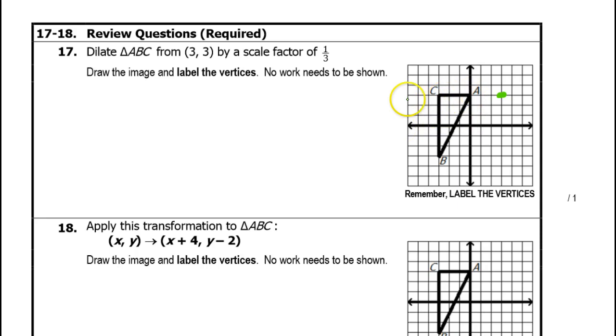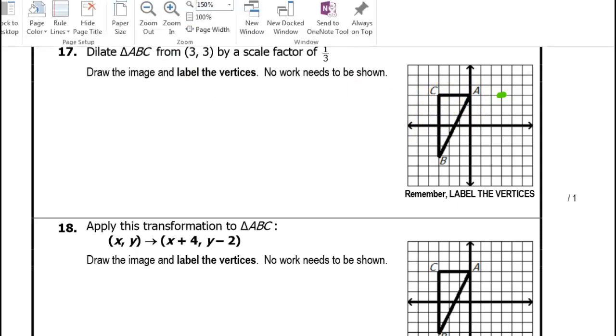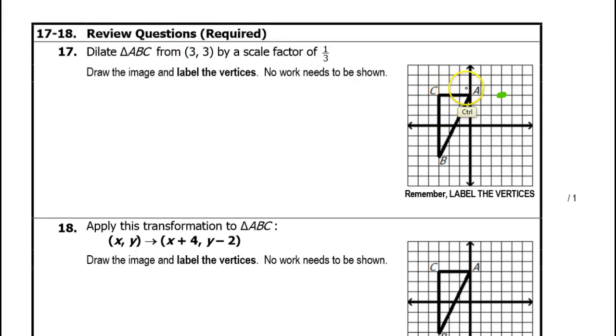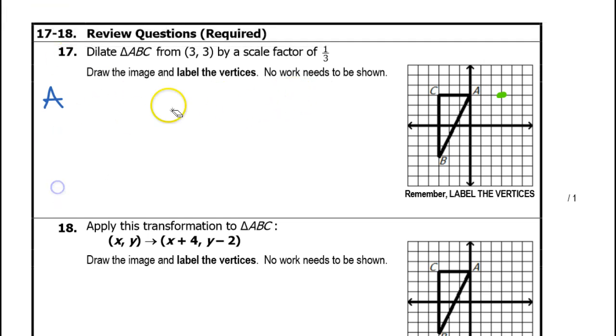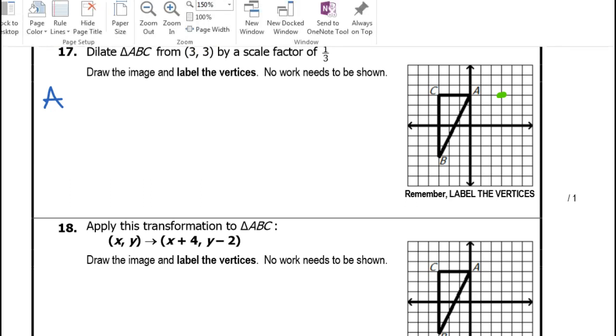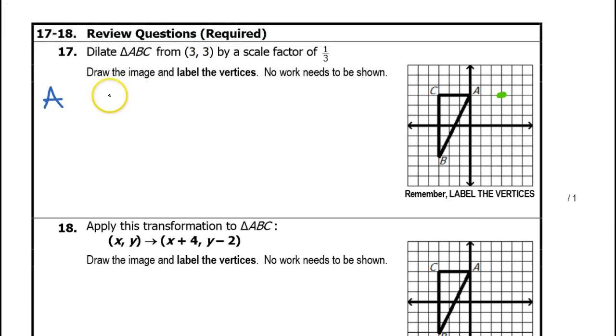So basically, if I take this one variable at a time, I'm going to do A, and then I'll do B, and then I'll do C. Maybe I should write them horizontally.